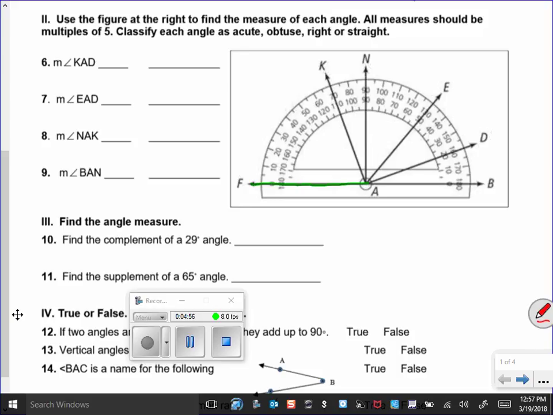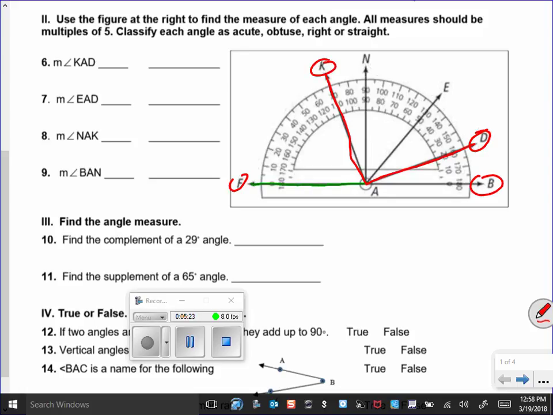My freehand is a little off, but you guys get the picture. When you have angles that do not begin on the 0, right? F and B, right here and here, begin on 0 or 180. When you have angles like that, you look at the outer rays, D and K, and you simply count what's in between.